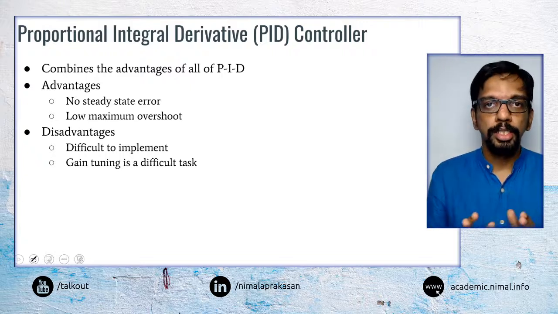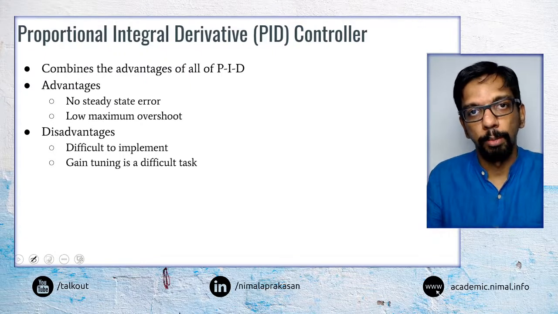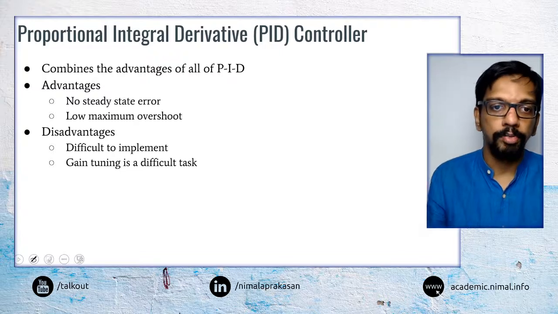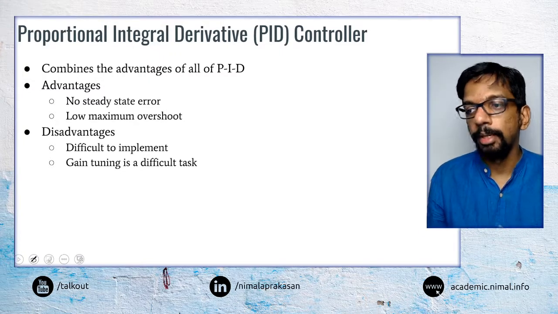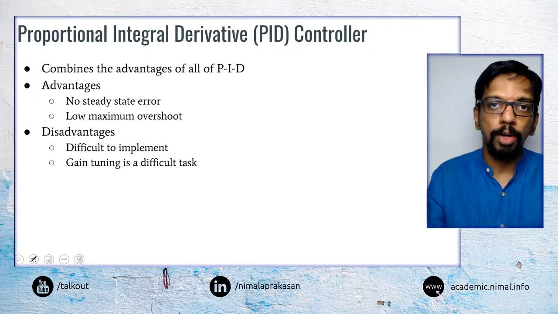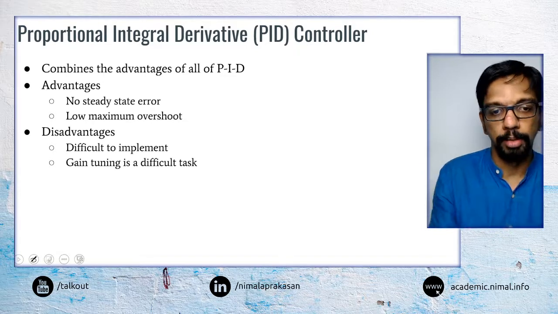So when considering all these components, the proportional, integral and derivative components, each of them have slight disadvantages, but when we combine all of them, most of those disadvantages are addressed by one of the other components.